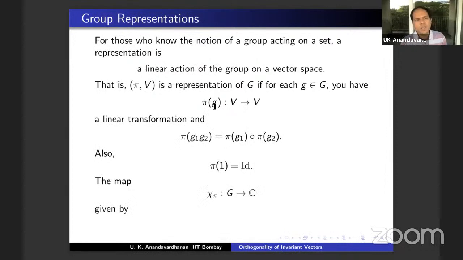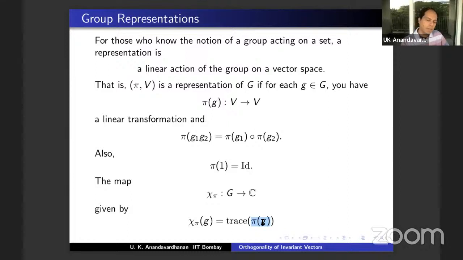And here is the word character coming once more. So I'm going to define a map χ_π from G to C, not C star, but C. It could be 0 also. And this is the character of the representation. So as we saw, π(g) will be an n by n matrix for some n, and you take its trace, the sum of diagonal elements.